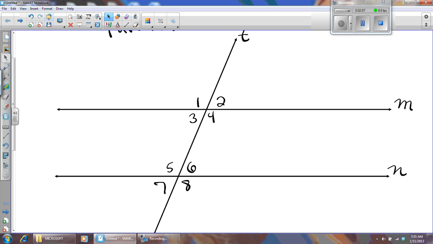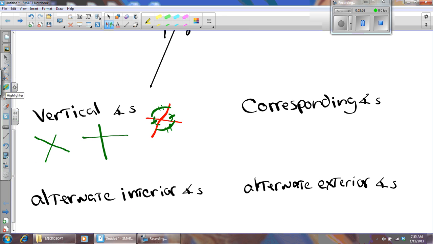So let's go up to these parallel lines and see if we can find any X's. Well, I see an X right here. And that means that angles 1 and 4 are vertical angles, and therefore they're also congruent.